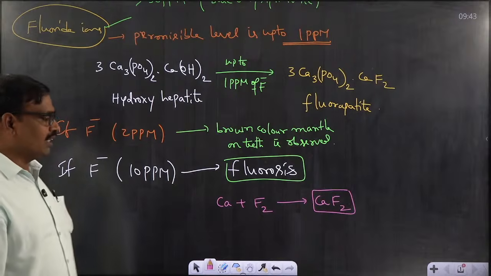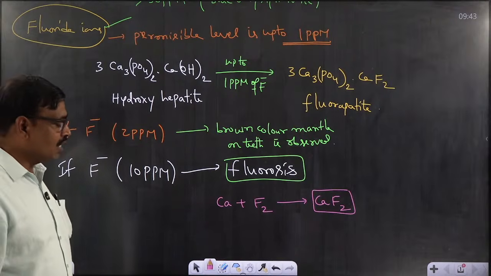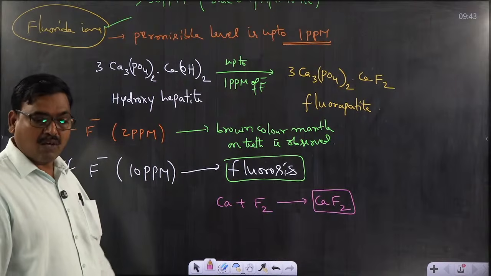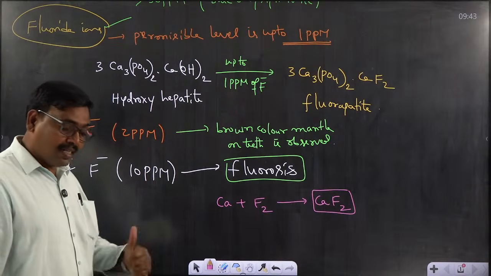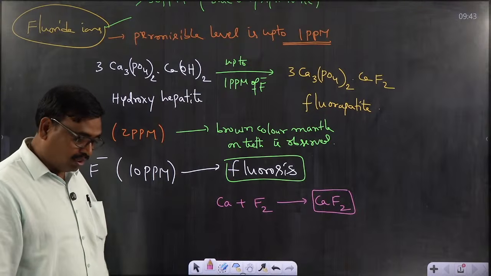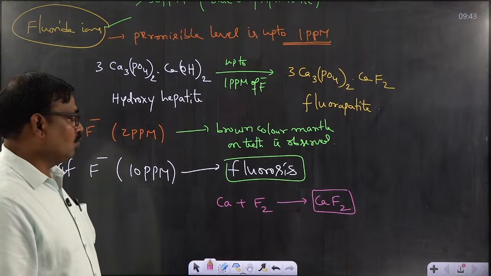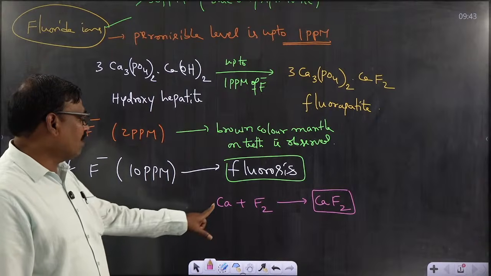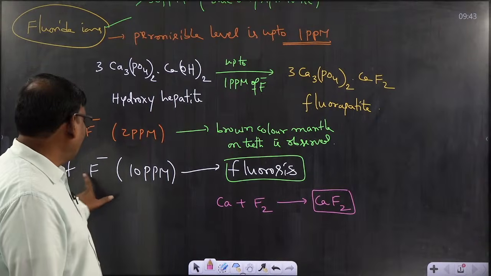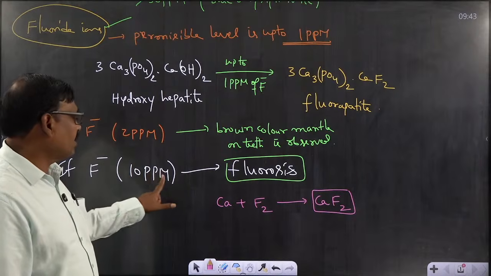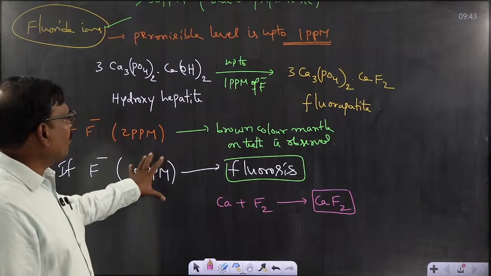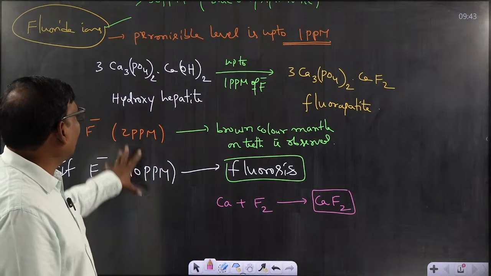At the age of 16, the person will be very stiff and abnormal growth is identified, whereas at 60 years, the body becomes bent. Such things will be identified whenever fluoride levels in water are more than or equal to 10 ppm. So in this way, we must restrict fluoride levels in water.